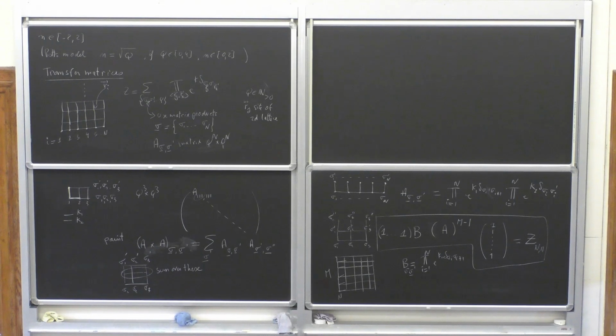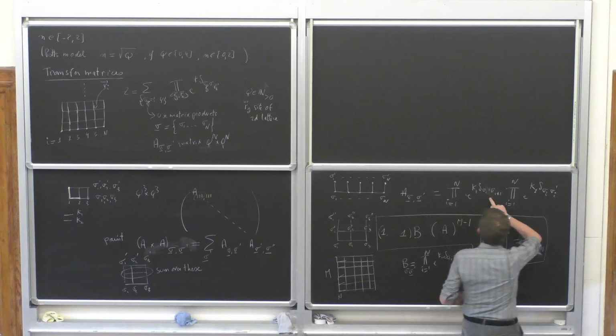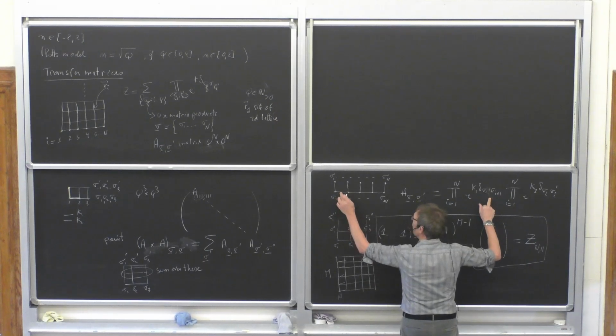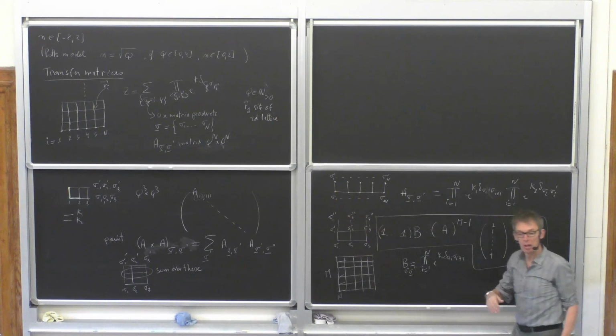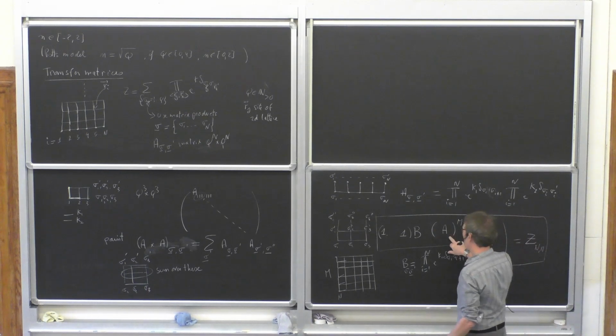How do we get all nearest neighbor couplings? Well, so again, this matrix takes into account all these couplings and all these couplings for a given row. And then I'm acting with the matrix m minus 1 times.